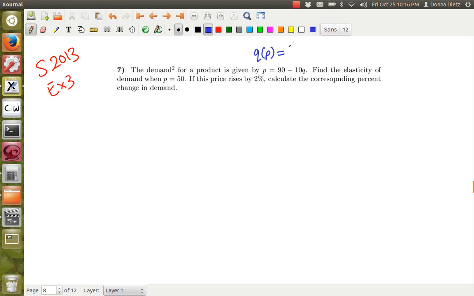So there are two ways to handle this. You can either solve for Q as a function of P. So you'd say P minus 90 equals minus 10Q, and then divide that whole thing by minus 10, and you'd end up with Q equal to 9 minus P over 10.